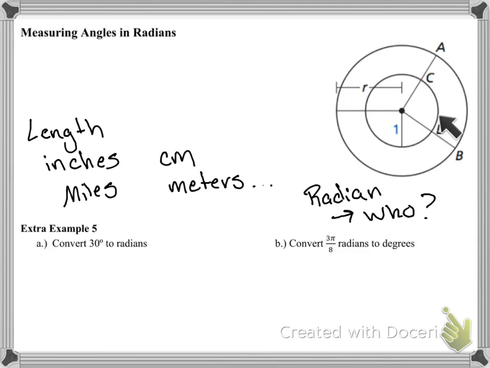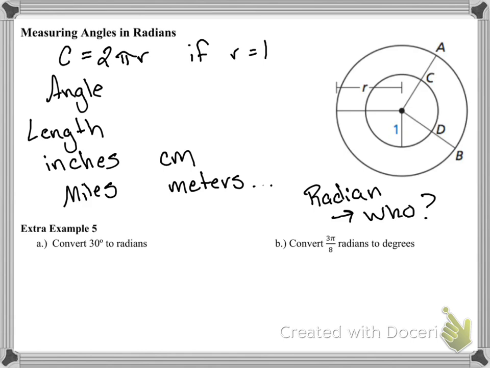What they came up with uses that idea of circumference. If one full revolution all the way around is 2 pi r, the circumference of the circle, then let's say r is 1 and have the angle also relate to that circumference.